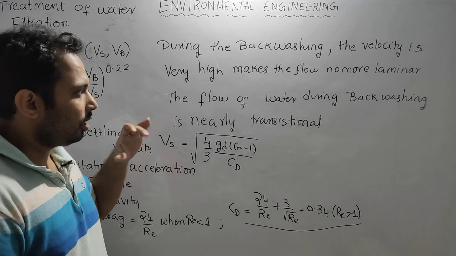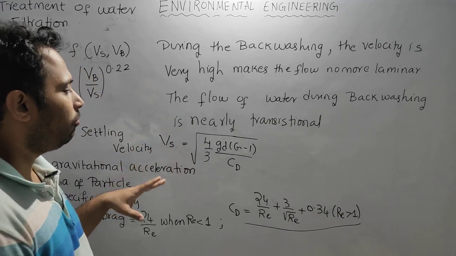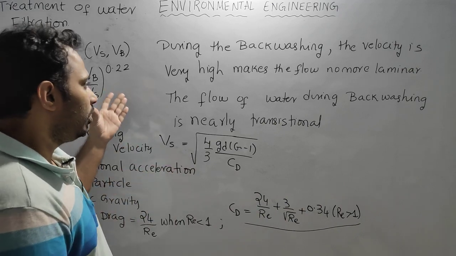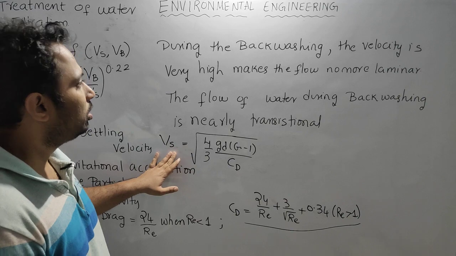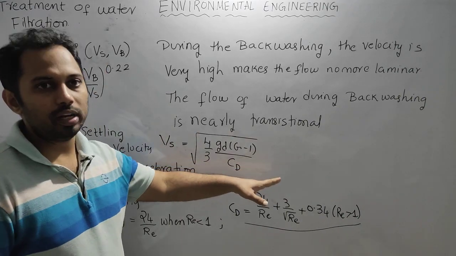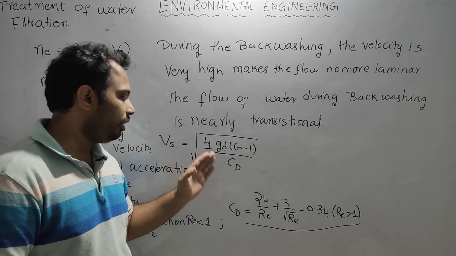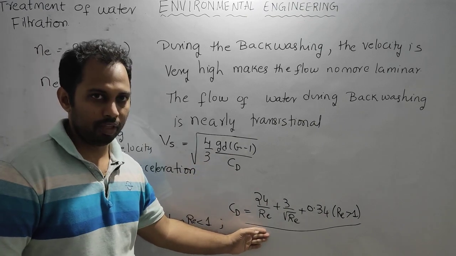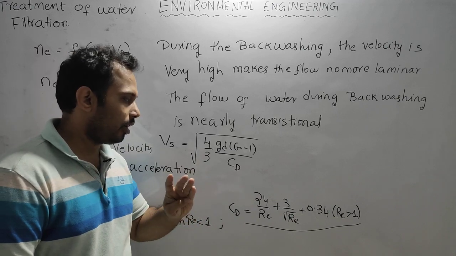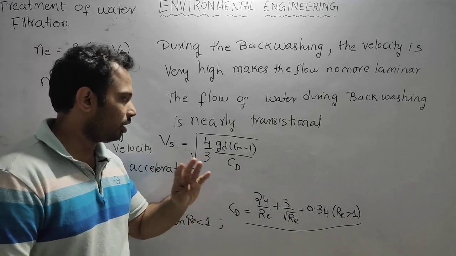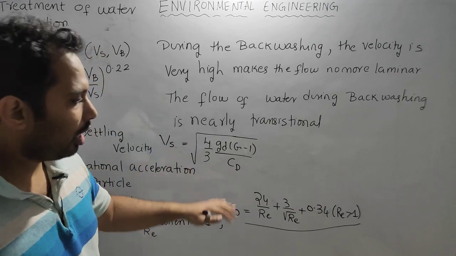In the GATE examination, they majorly take Vs as the settling velocity of Stokes law. This is the settling velocity for when transitional flow exists, and this is the Cd for transitional flow. If you don't find the Reynolds number or the coefficient of drag in the question, then we cannot use this formula.